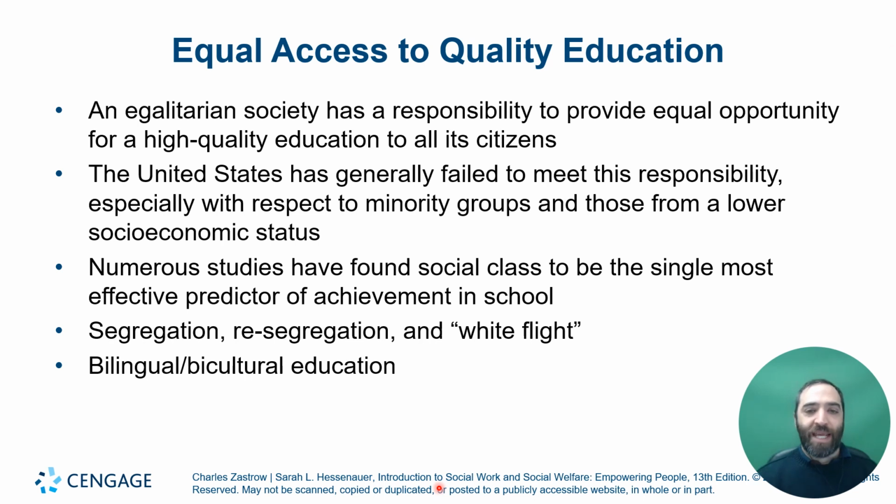An egalitarian society, so an equal society, has a responsibility to provide equal opportunity for high quality education for all of its citizens, right? That would be ideal. If we were serious about giving each child a chance at being amazing, then we would give each child an amazing education. We obviously don't do that.